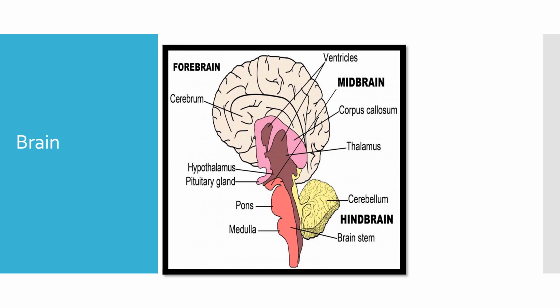Now here we will see again the three parts, that is the cerebrum, the cerebellum and the medulla oblongata. The cerebrum is the largest part of the brain, as we have discussed earlier, having right and left cerebral hemispheres.